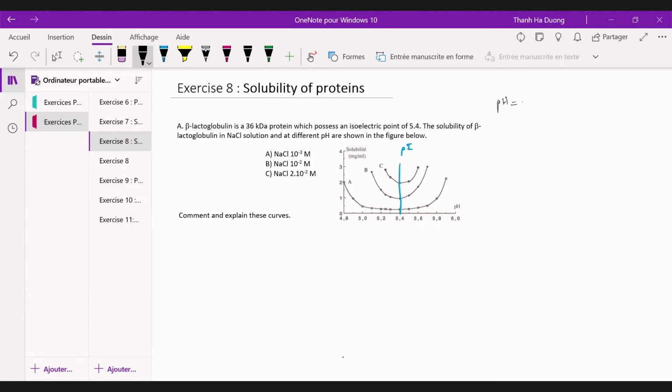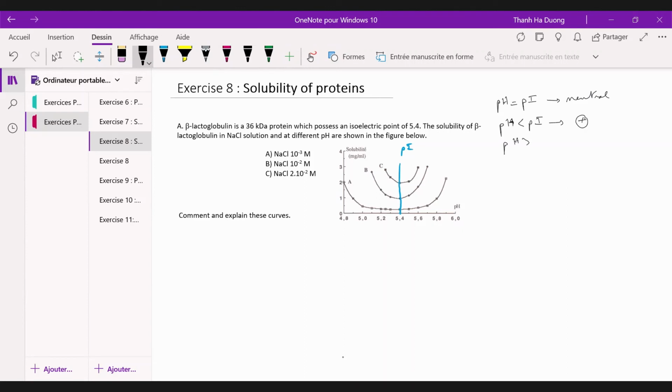So at pH equal to Pi, what is the charge of your protein? The protein is neutral. Yes, it's neutral. When the pH is lower than the Pi, it's positive. Yes.